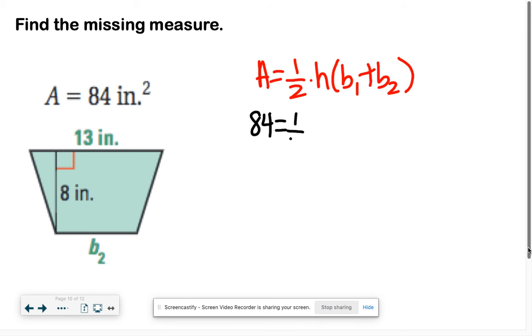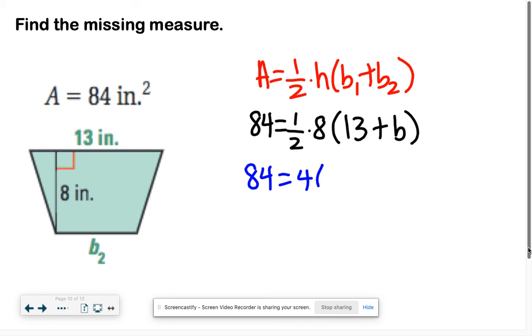Yeah, it's parentheses again. I would have taken half of 8 first, after you plugged everything in. So you don't have to divide it by 2 after? Nope. Then you should have got 4, right? And then distribute. Okay.